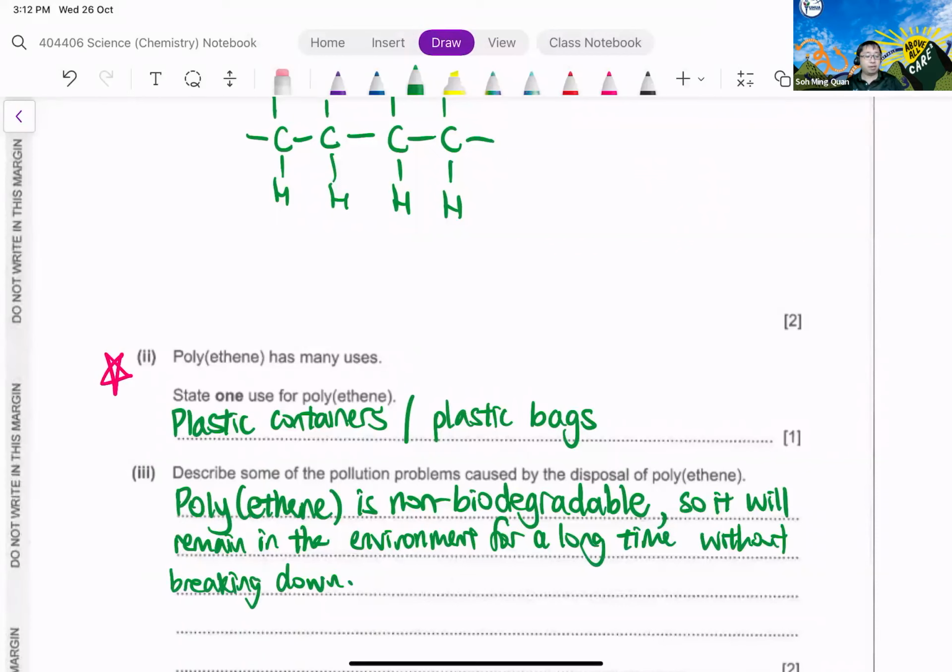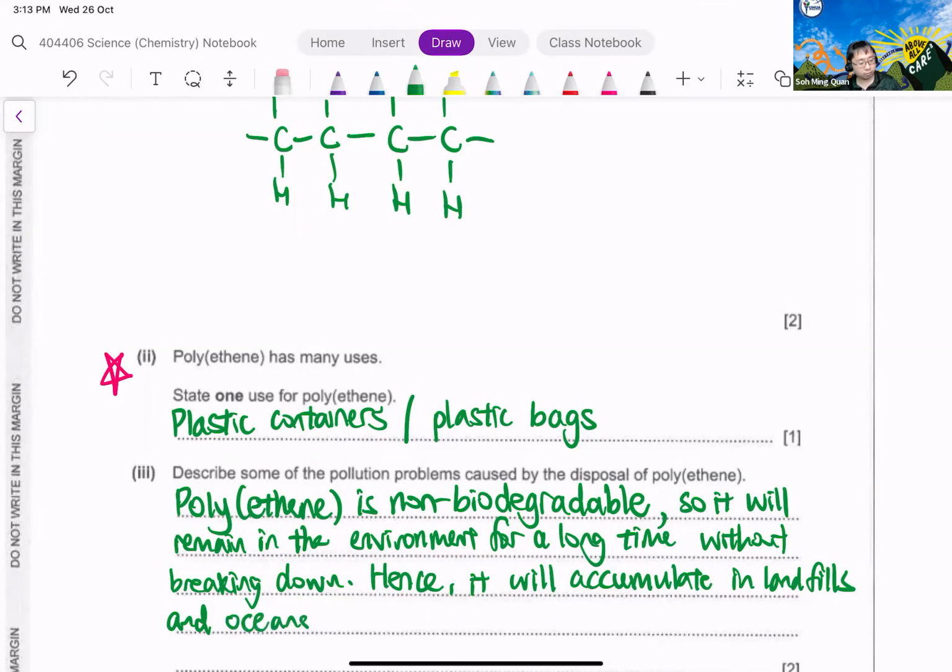All right, hence it will accumulate in landfills and oceans, causing land and water pollution.